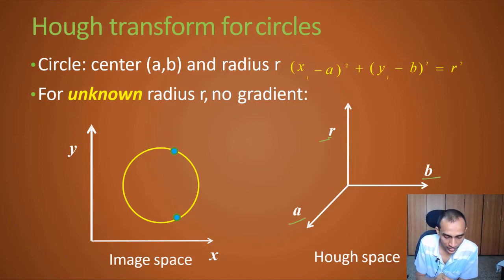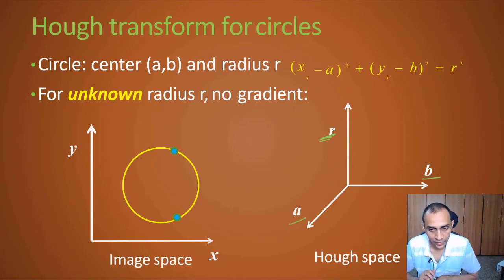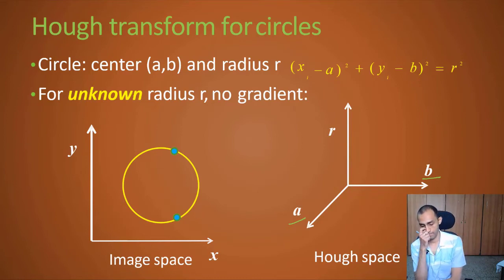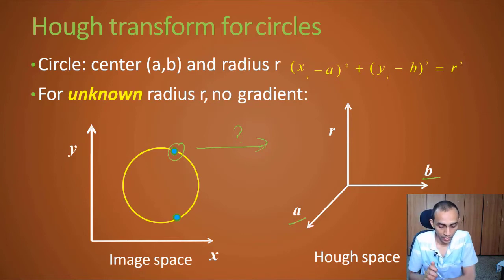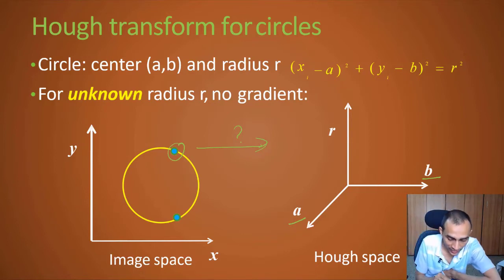A point in the image space will correspond to what in the Hough space? Any guess, any idea? So now you have to vary radius also.